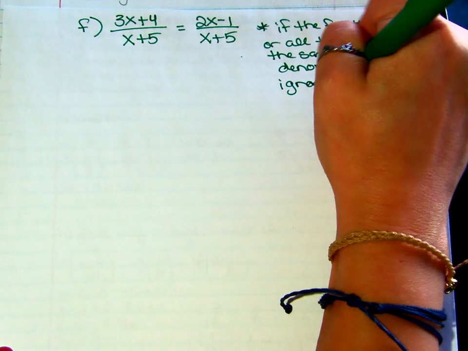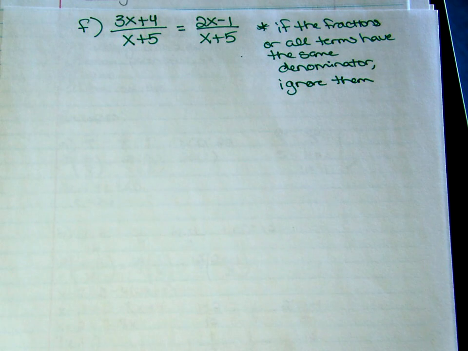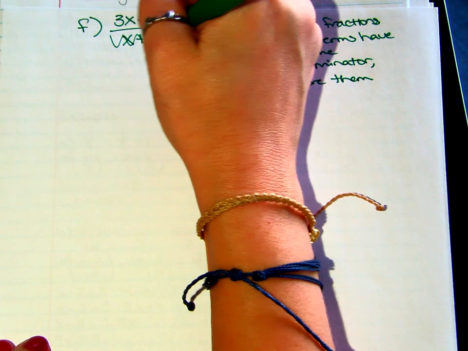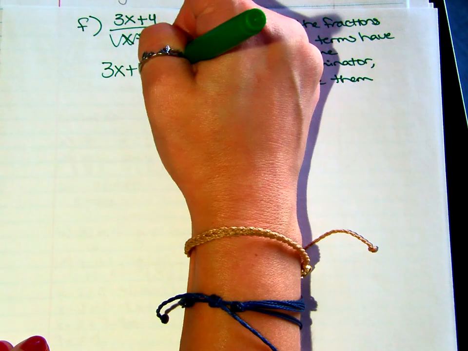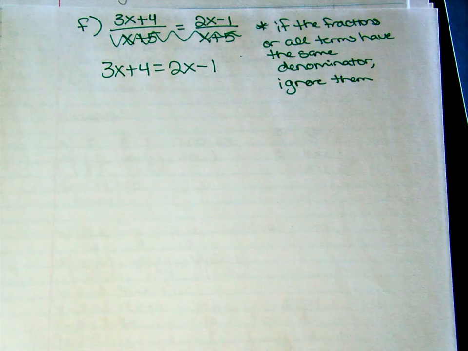So instead of thinking of this problem as 3x plus 4 over x plus 5 equals 2x minus 1 over x plus 5, I get to just think of it as 3x plus 4 equals 2x minus 1. The bottoms completely go away. I get to ignore them. I don't have to worry about them. I just get to solve.